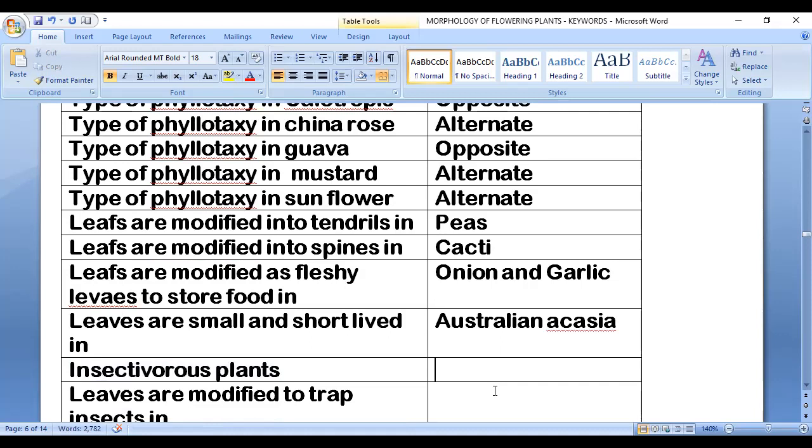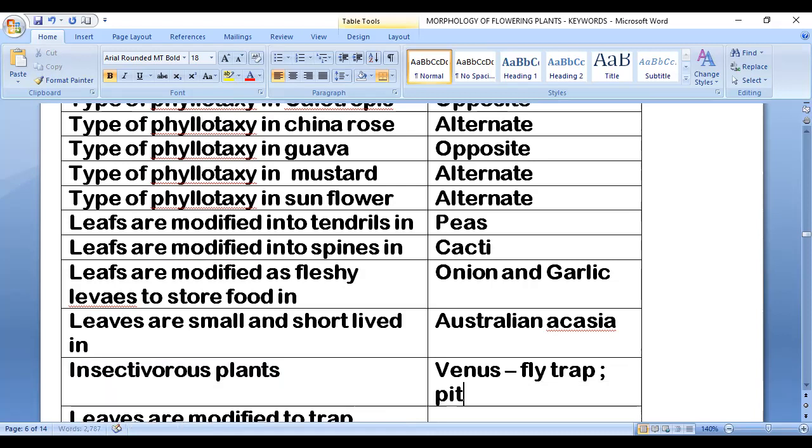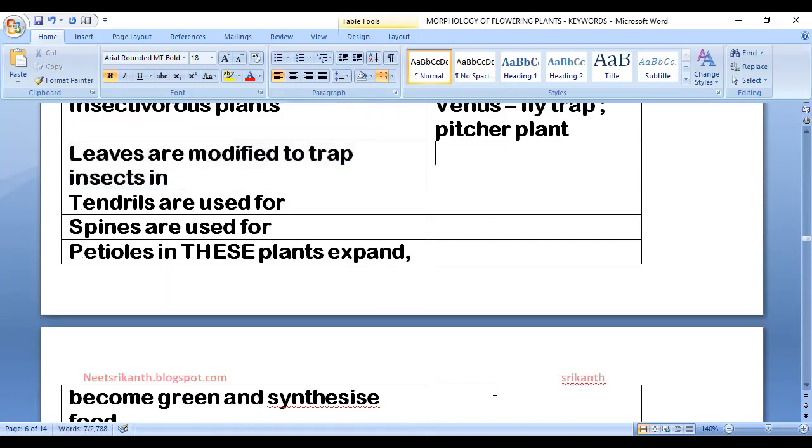Insectivorous plants: Venus flytrap and pitcher plant. Leaves are modified to trap insects in Venus flytrap and pitcher plant.